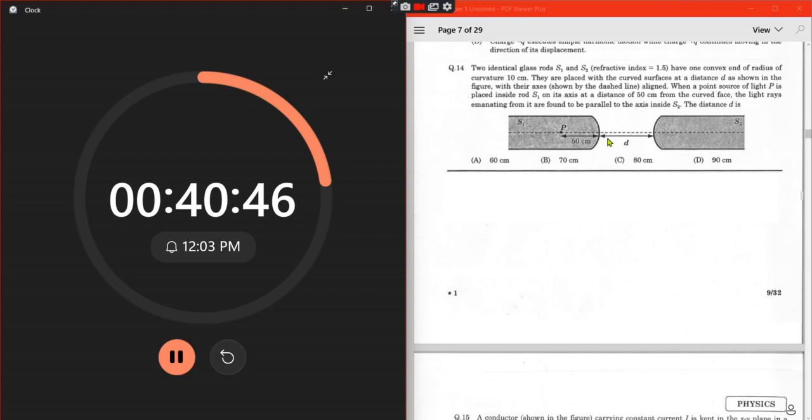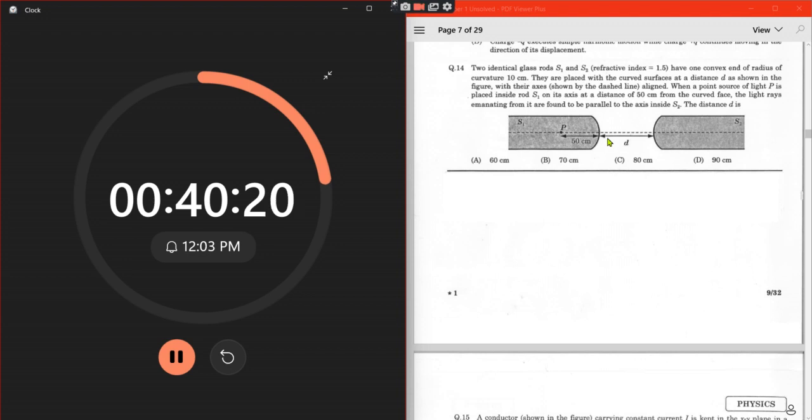First find the image of the first surface, because 1 upon mu2 upon v minus mu1 upon u, which is 3 upon 2 and then u here, so it should be plus 100 in that case, equal to mu2 minus mu1 which is 1 upon 2 upon R, negative 1 upon 20.